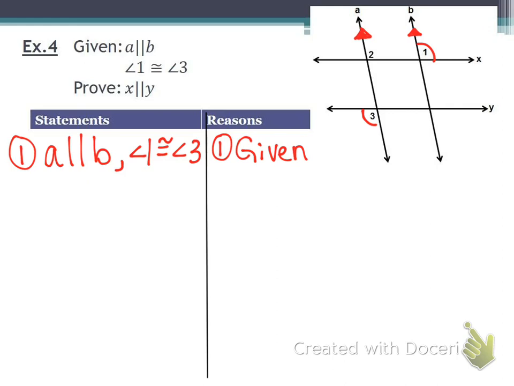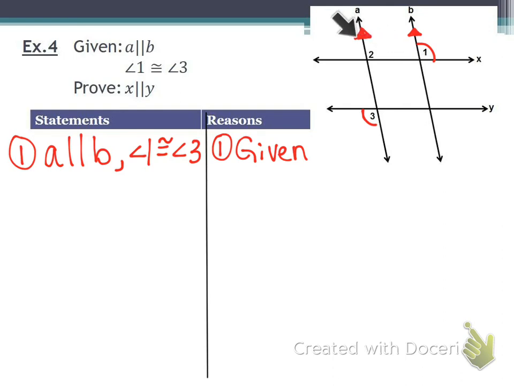All right, so let's think about what we know here. Anything popping out at you that you think we know so far? Exterior. 2 and 3 are alternate exterior, and we will have to use that eventually.